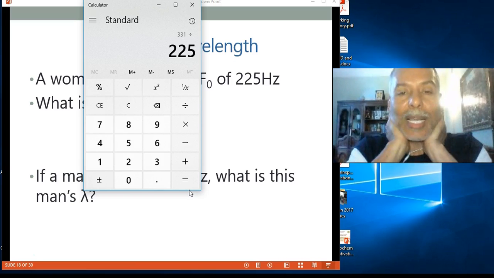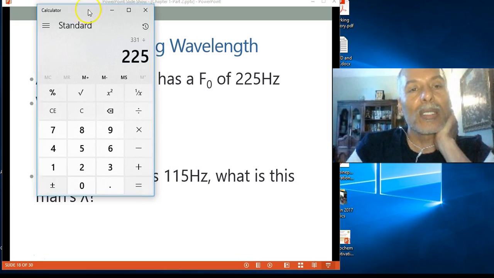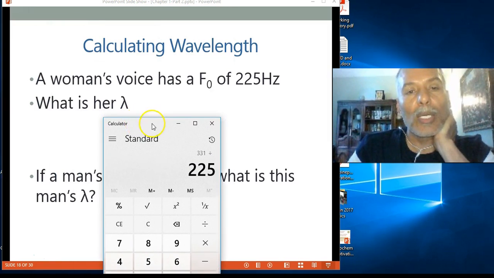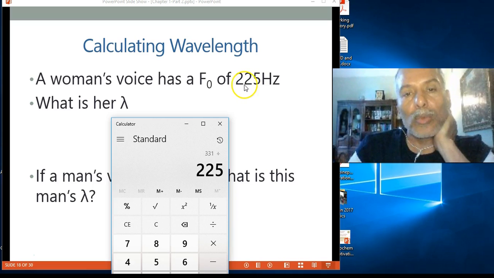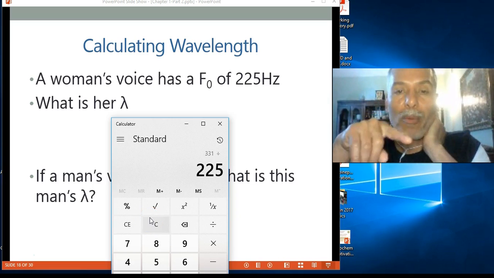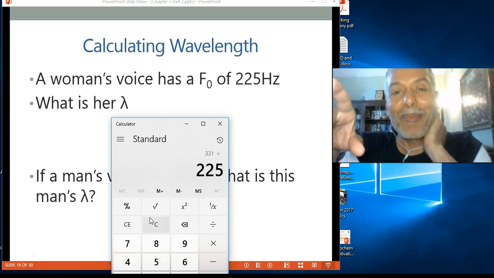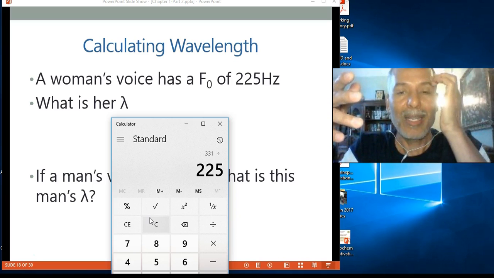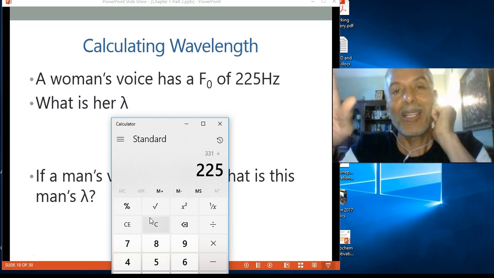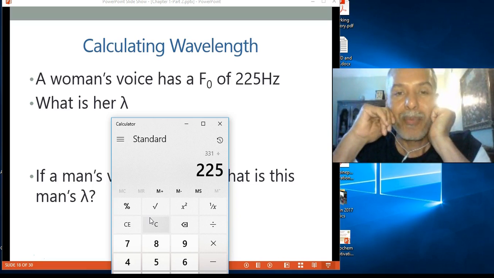But that is not going to make any sense, because we are looking at very tiny structures, 225 vibrations per second, and I am using 331 meters. Remember, if you are speaking about meters, you have to speak about kilometers or bigger measurements. Here, it is going to give you a number that makes no sense.